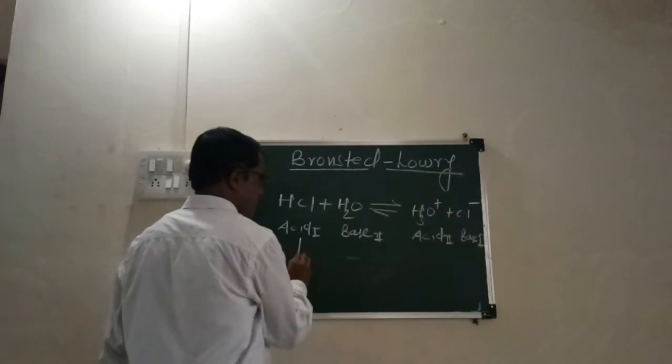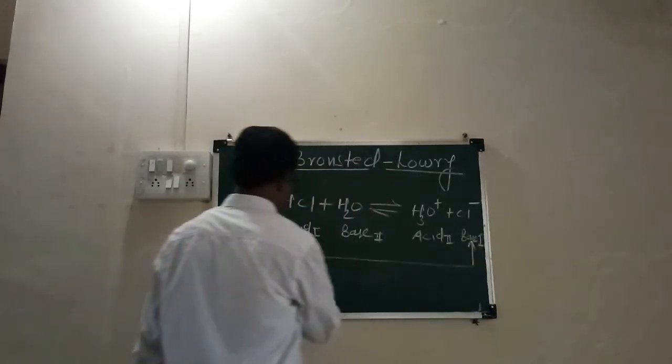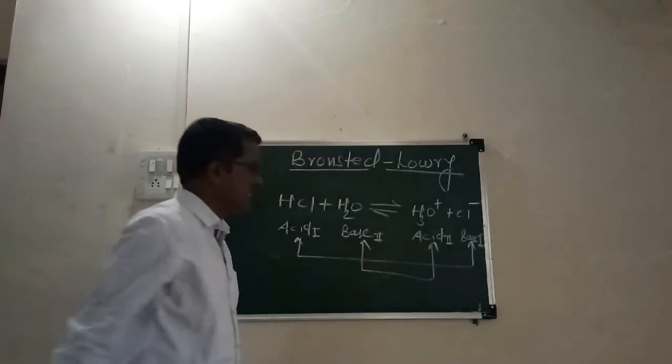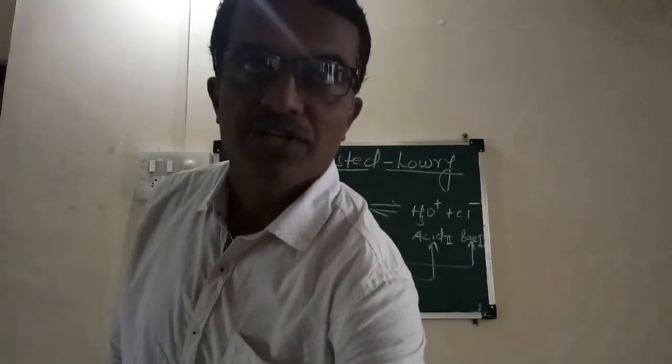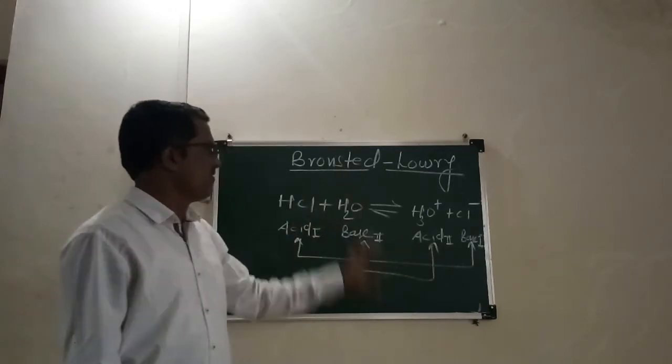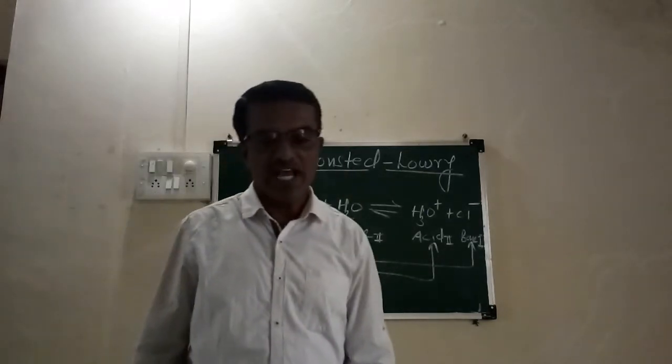This acid first and base first, and base second and acid second, are the conjugate acid base pairs which differ from each other by a proton. Such a pair of an acid and base is known as the conjugate acid base pair.